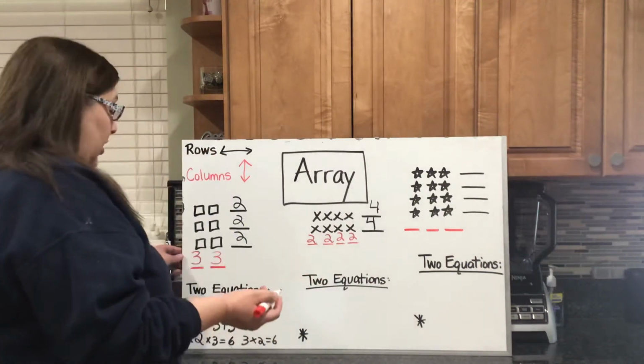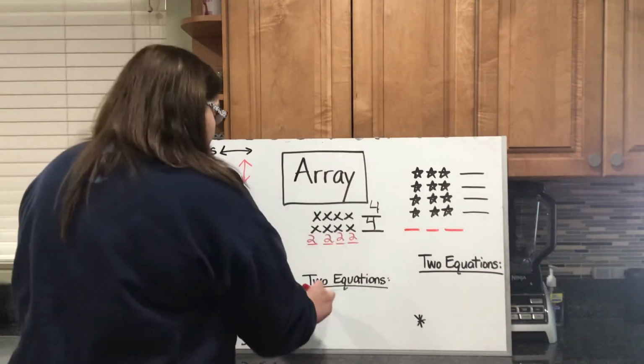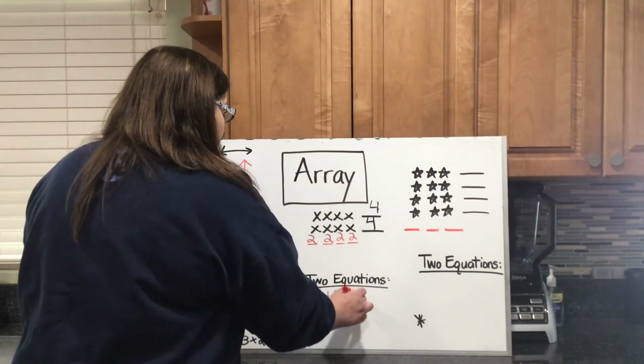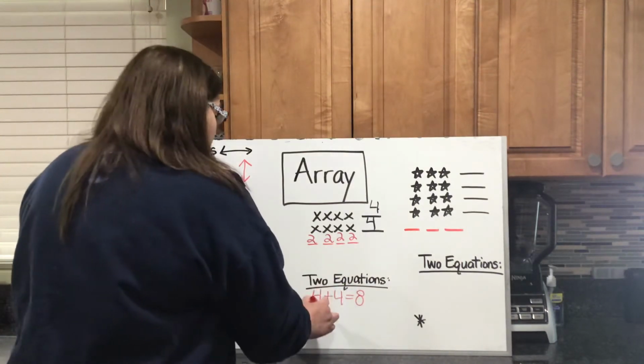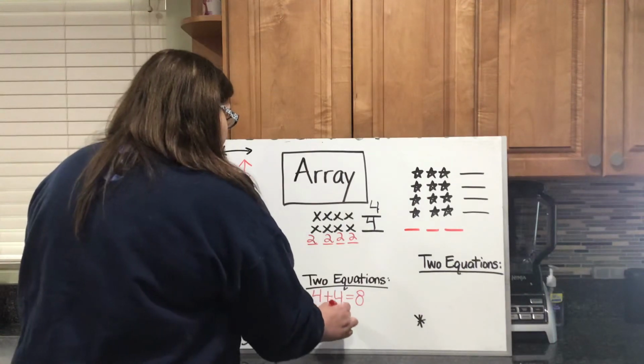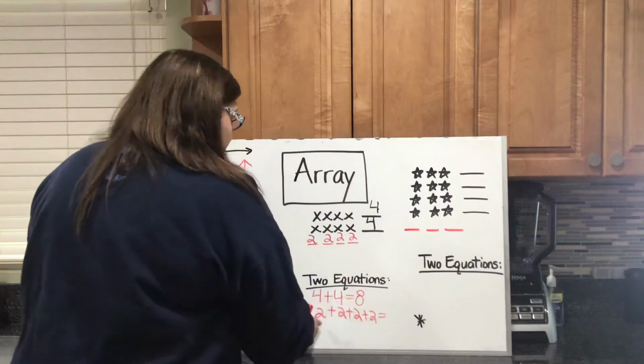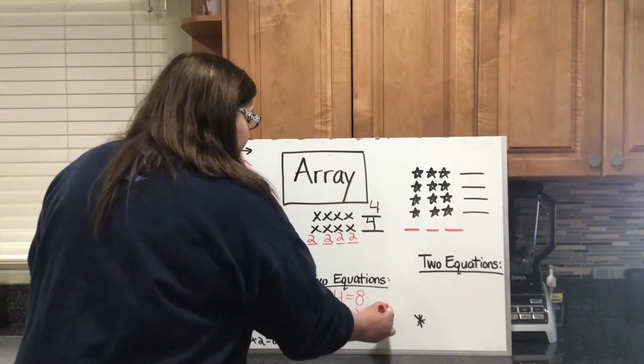So if you're going to write your equations, you could start with your rows. You could have 4 plus 4 equals 8. Or you could do your columns. 2 plus 2 plus 2 plus 2 equals 2, 4, 6, 8.